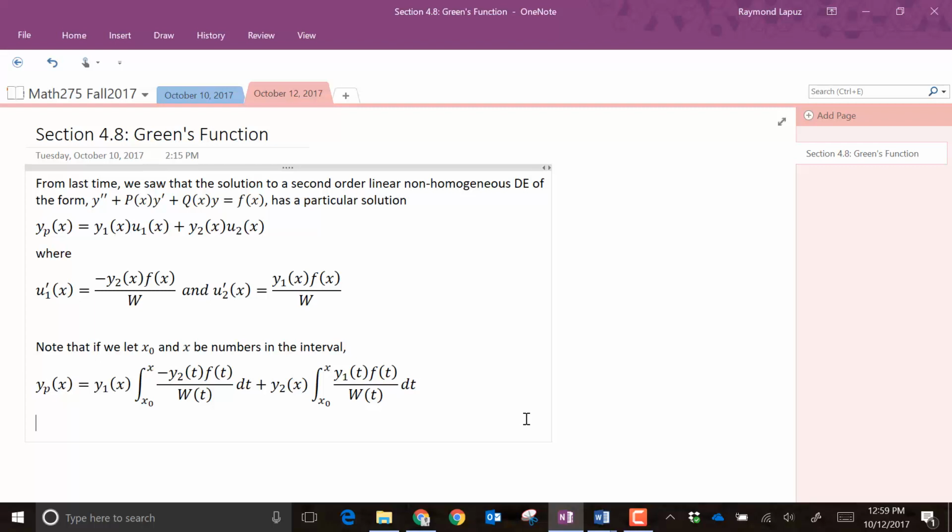And if you remember what we had before, we had our W1 is equal to, remember, we replaced the first column by 0 and the function, and then we keep the second column the same.